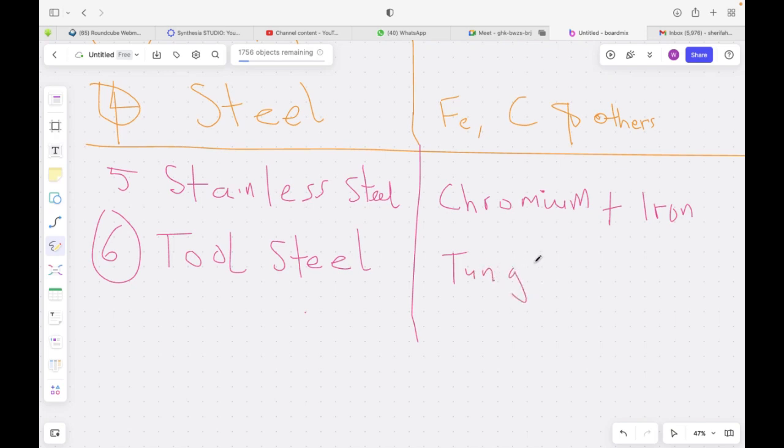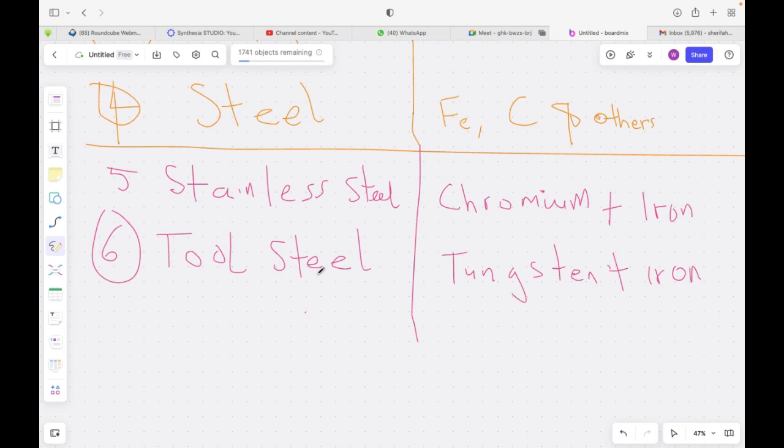You blend tungsten plus iron together. Then you make a tool steel, a very strong metal for use in engineering work. So if you want tool steel, you need tungsten mixed with iron.